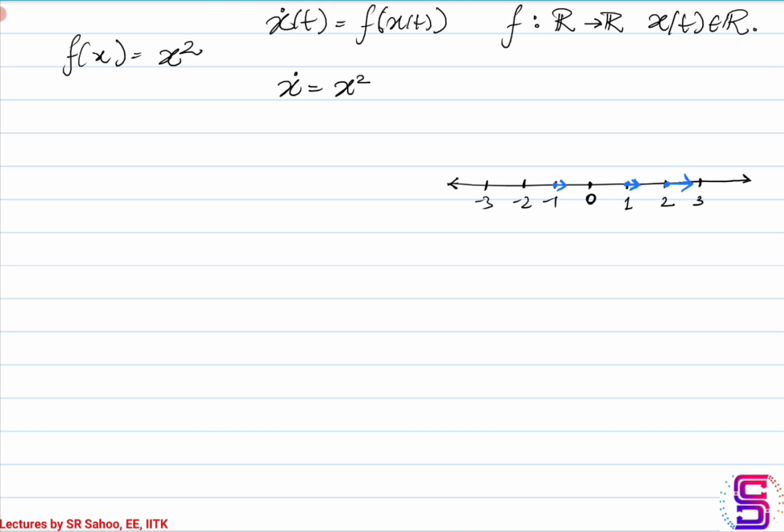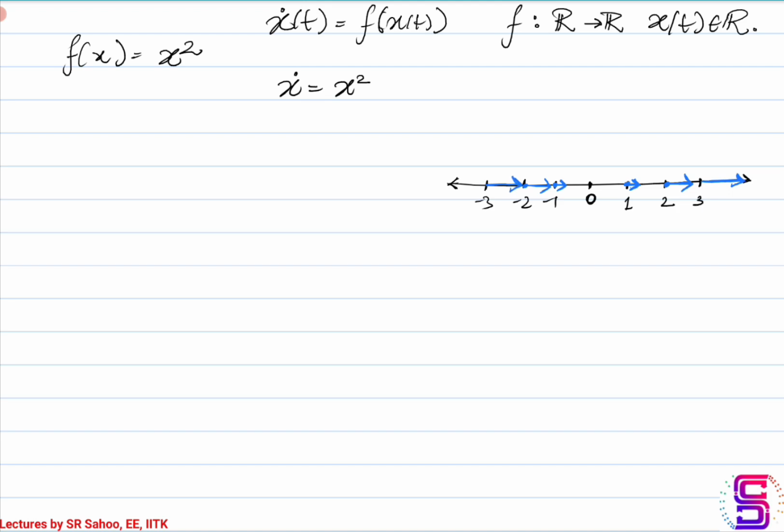Similarly, at x equal to -2, x dot would be 4, so it starts here and will look something of this sort. Now when you go to x equal to 3, x dot is 9. So this is the vector that you have, and at -3, this is the vector that you have.